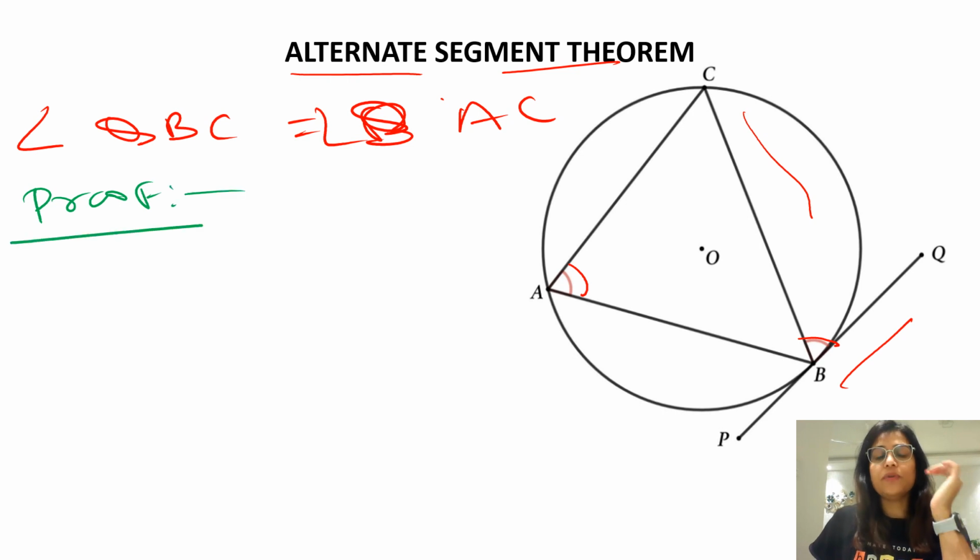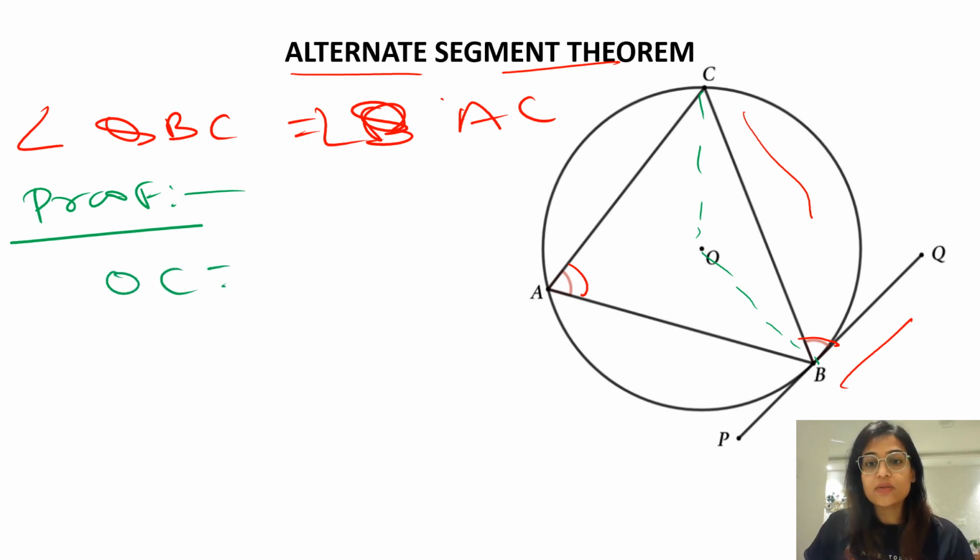The first step of this proof is to join OC and OB, because these two are the radius, right? OB and OC are the radii of the circle, so in the triangle OC is equal to OB. In the construction part we can join these two.